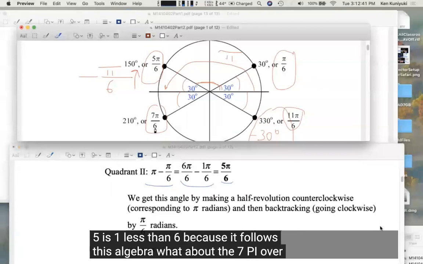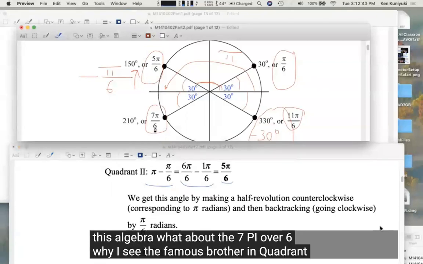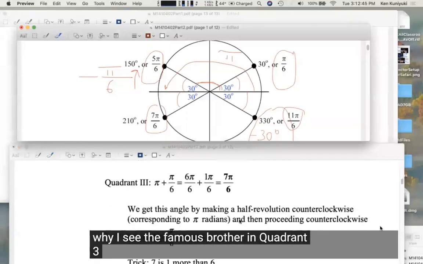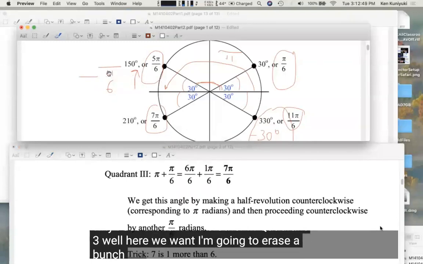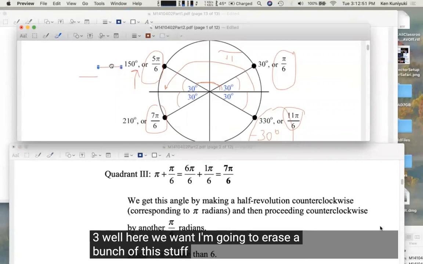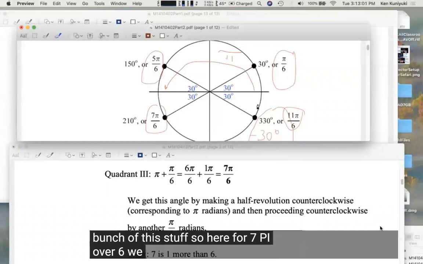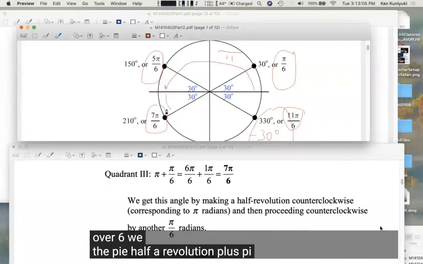What about the 7 pi over 6? Why is he the famous brother in quadrant 3? Well, here I'm going to erase a bunch of this stuff. So here, for 7 pi over 6, we want the pi, half a revolution, plus pi over 6.